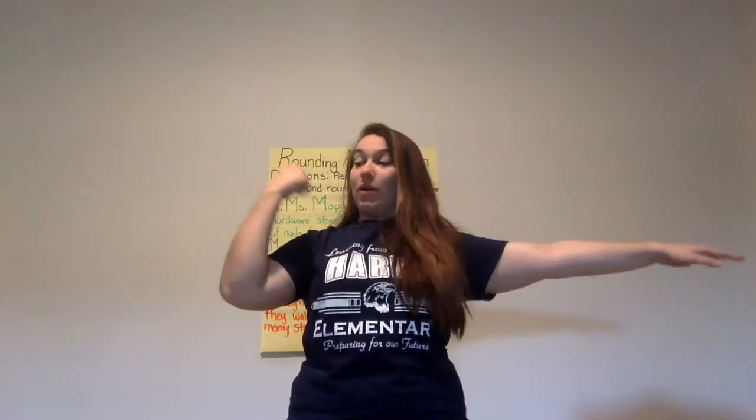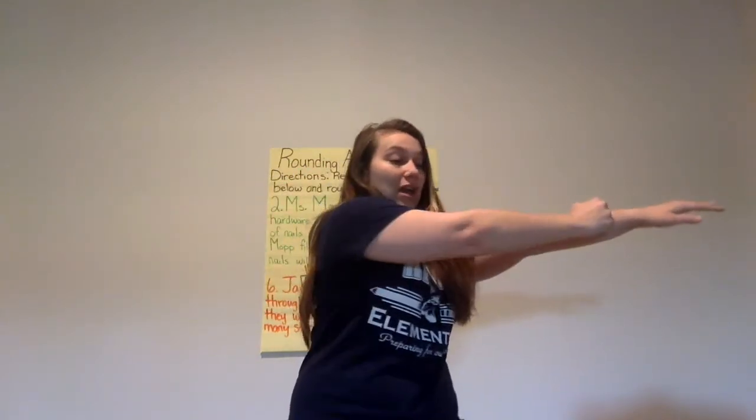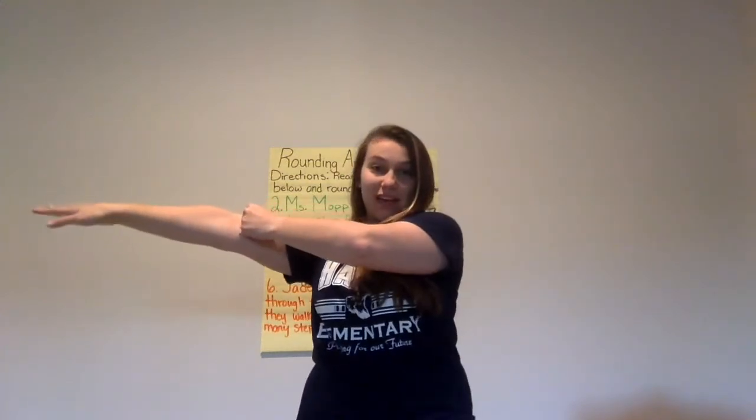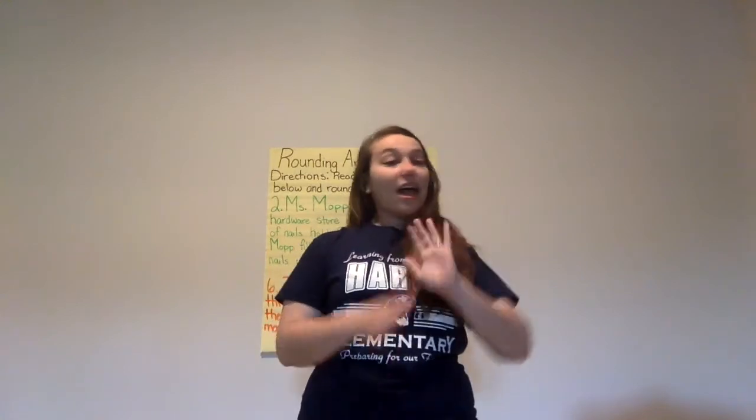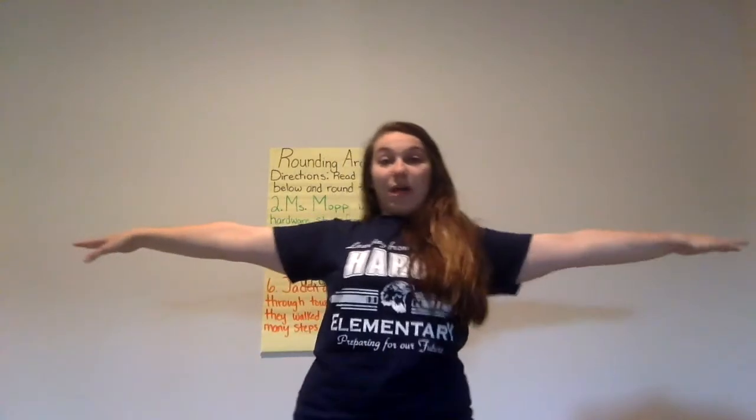So there could be a point here or there or here or here, okay? Points anywhere on it except for the beginning and the end. The reason this is because a line goes on forever, okay? So a line never ends. It goes on forever in both directions.